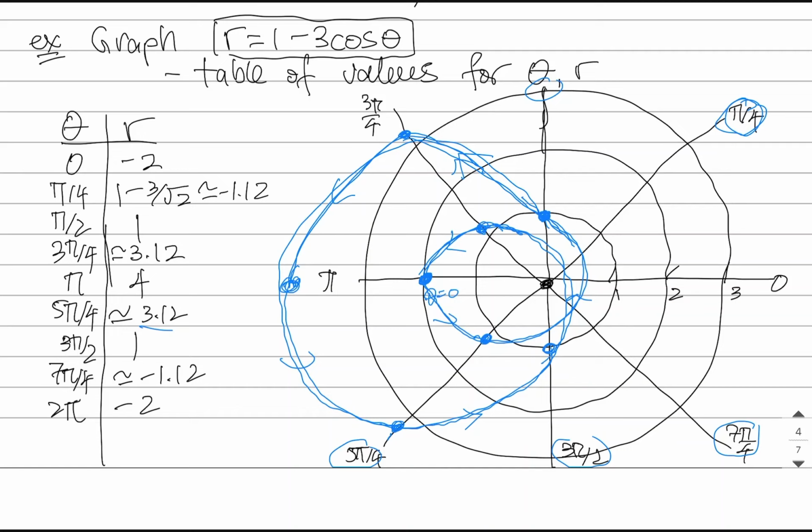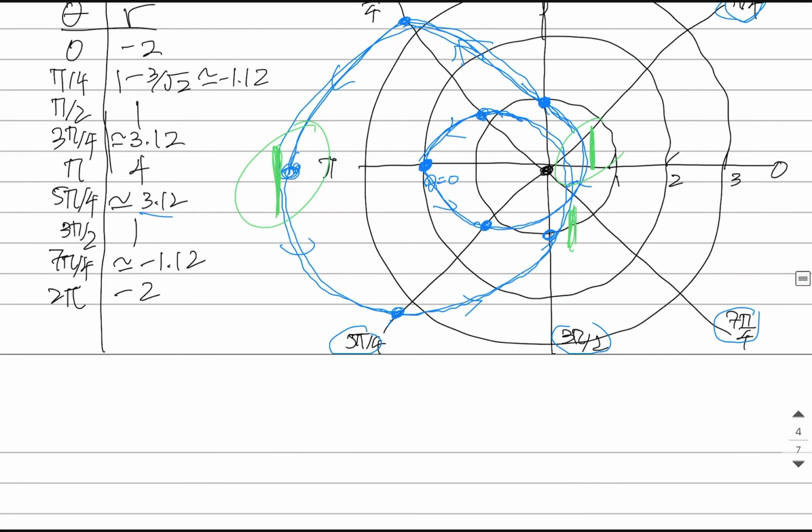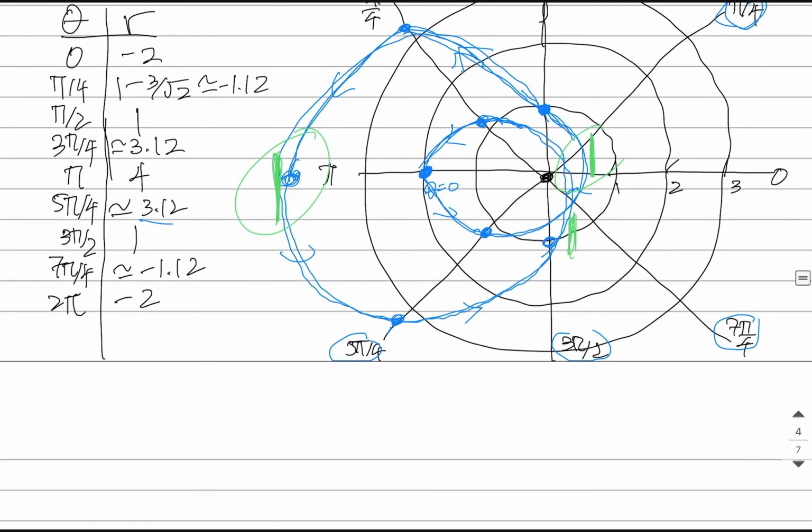Now, other things that we're going to be interested in will transition to calculus. So for example, if I take a look at this picture here, I can draw a tangent line. And if I draw a tangent line, it looks like there are some places where I have a vertical tangent line. And just for fun, I might want to ask, where is the tangent line vertical?